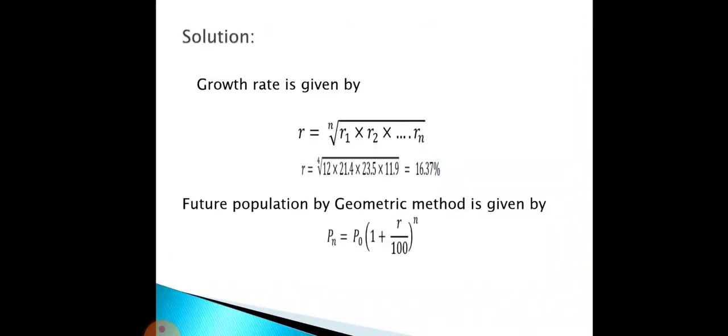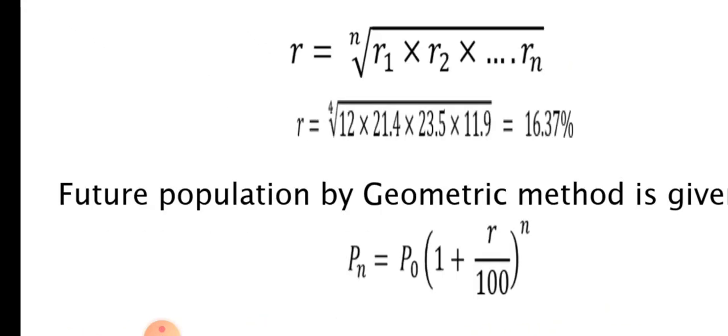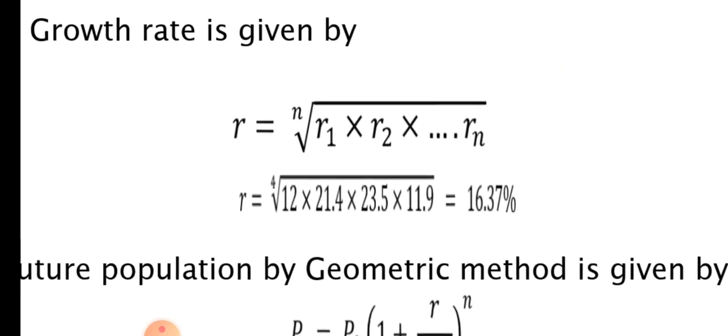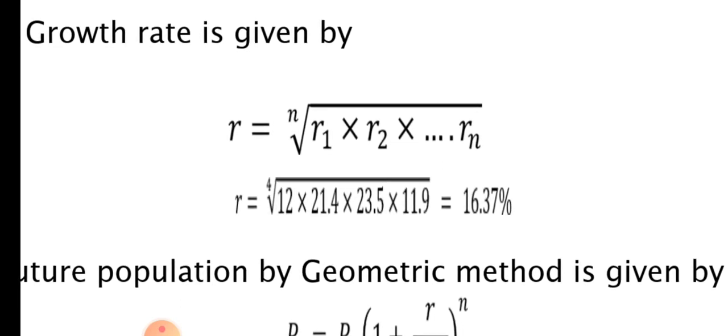Here we obtained the percentage increases in population, that is R1, R2, R3 and R4. Now in order to determine the growth rate R, we know R is equal to the nth root of R1 into R2 into so on up to Rn, where n represents the number of decades. We have found the percentage increase for 4 decades, so here n is equal to 4, and R1, R2, R3 and R4 are as computed in the previous slide in the fourth column.